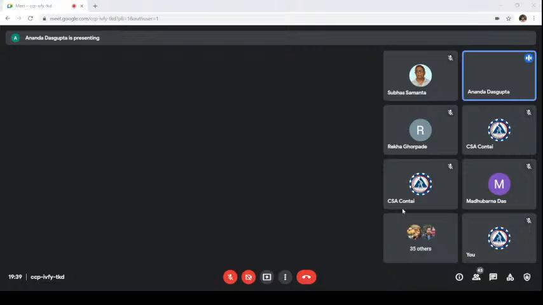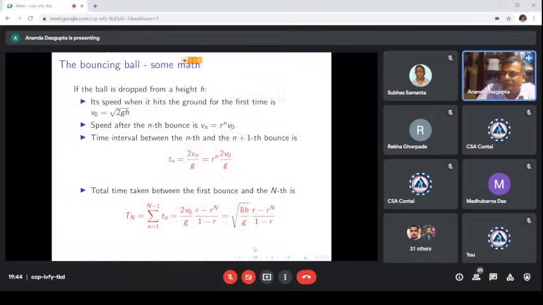So you have to add up these intervals Tn from n equal to 1 to n equal to capital N minus 1. So these are the N minus 1 intervals between the first bounce and the nth bounce. And if you just do the summation, this is trivial. This is a geometric progression which can be summed up trivially. And you end up with this final result. It's root over 8h by g times r minus r to the n by 1 minus r.